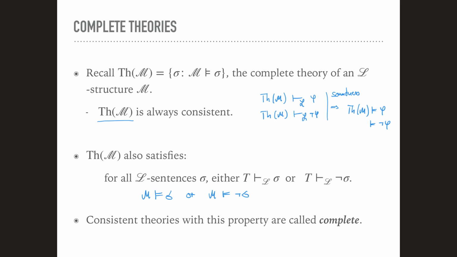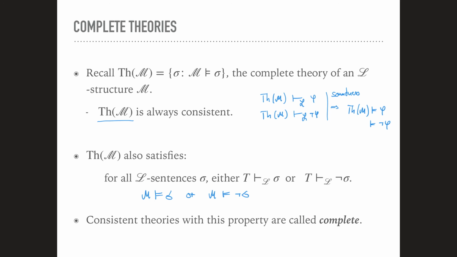Now generally, consistent theories with this property, that they split the set of all sentences over a language into two, depending on whether the theory proves it or not, are called complete. So this complete splitting into true and false, or provable and not provable, is called completeness.